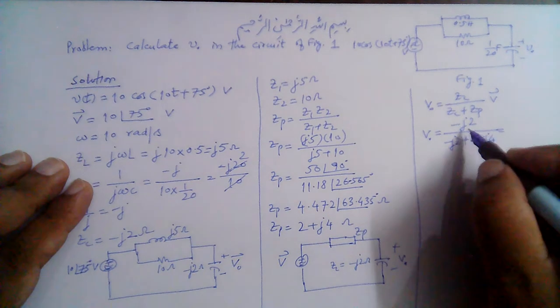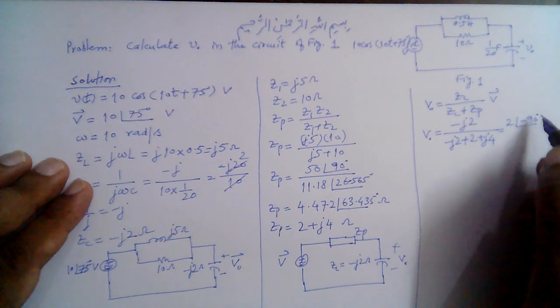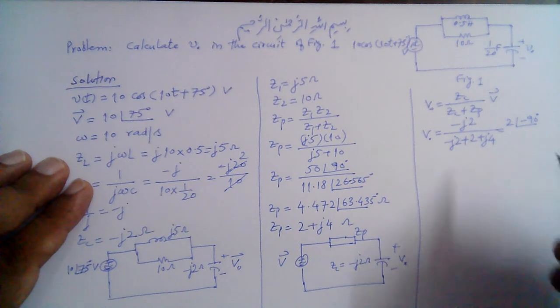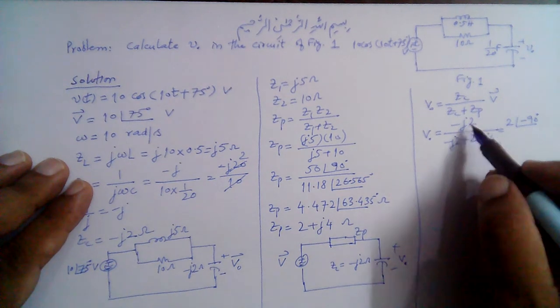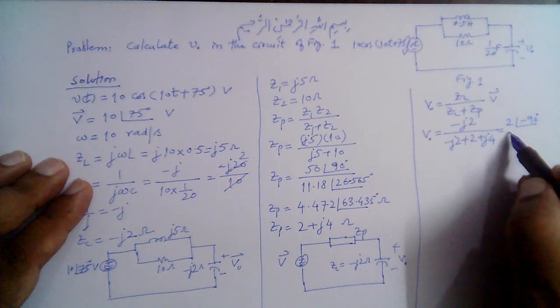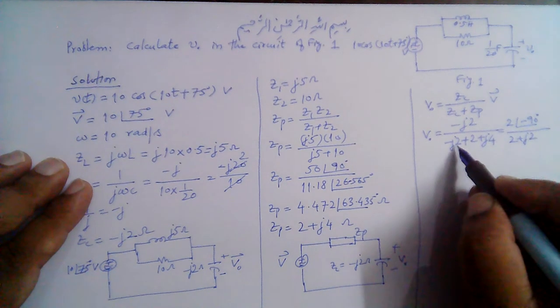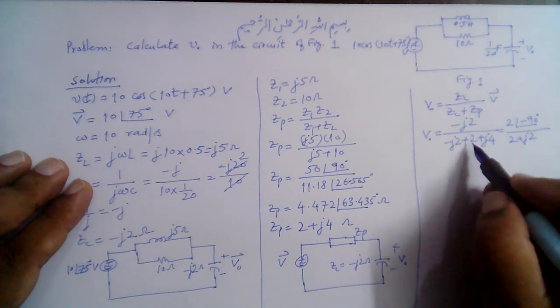So minus J2 is 2 angle minus 90 degrees, because minus J is equal to 1 angle minus 90 degrees. So 2 multiplied by 1 angle minus 90 degrees is equal to 2 angle minus 90 degrees, and divided by 2 plus J2. Minus J2 plus J4 is plus J2, and this 2 here.